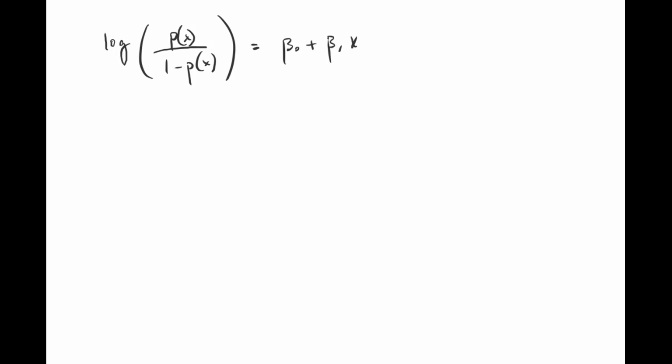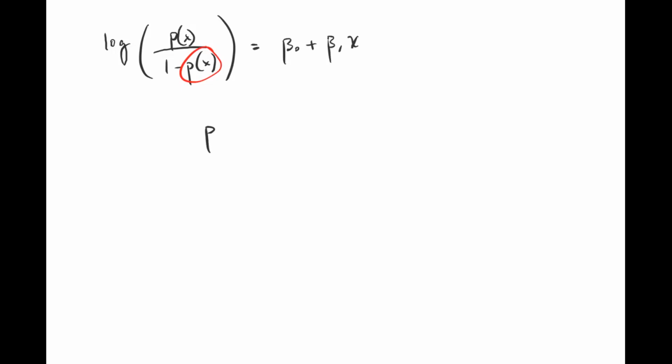And so the way that we would go about doing that is as follows. We want to solve for P of X, the probability of your Y outcome happening.